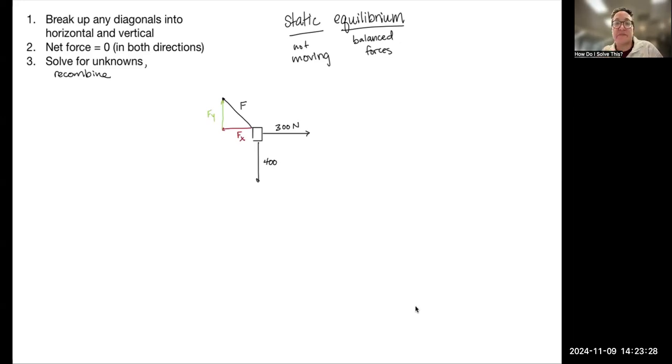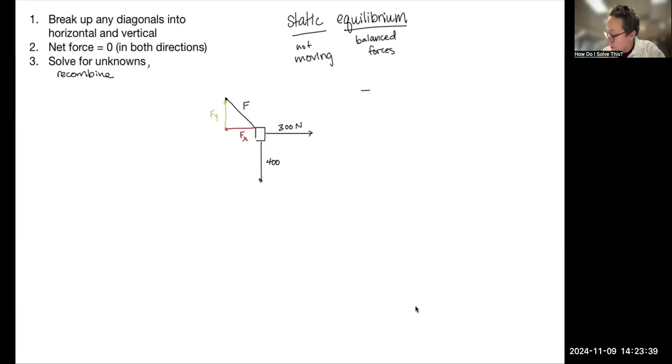So let's move to our next step, that net force equals 0 step. Here, what we're going to do is set up that the net force in the x direction is 0 and that the net force in the y direction is 0.